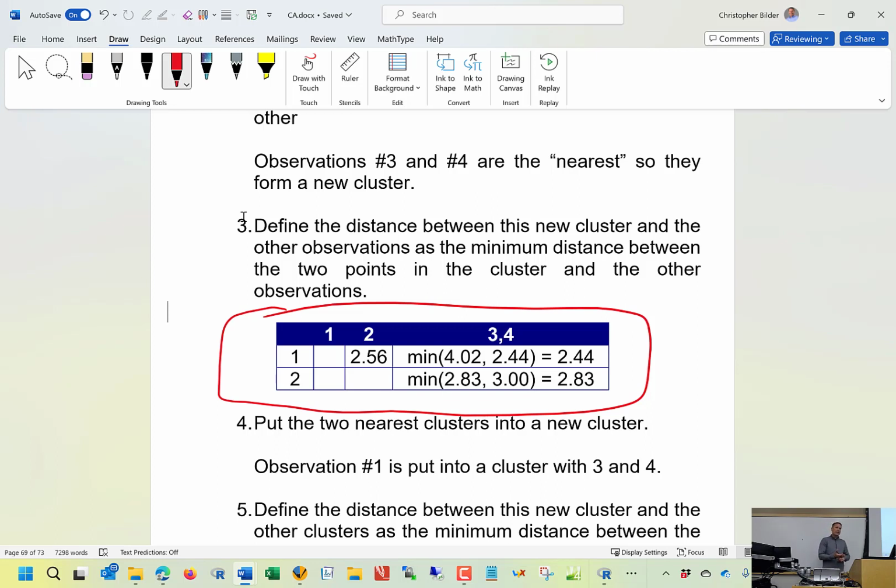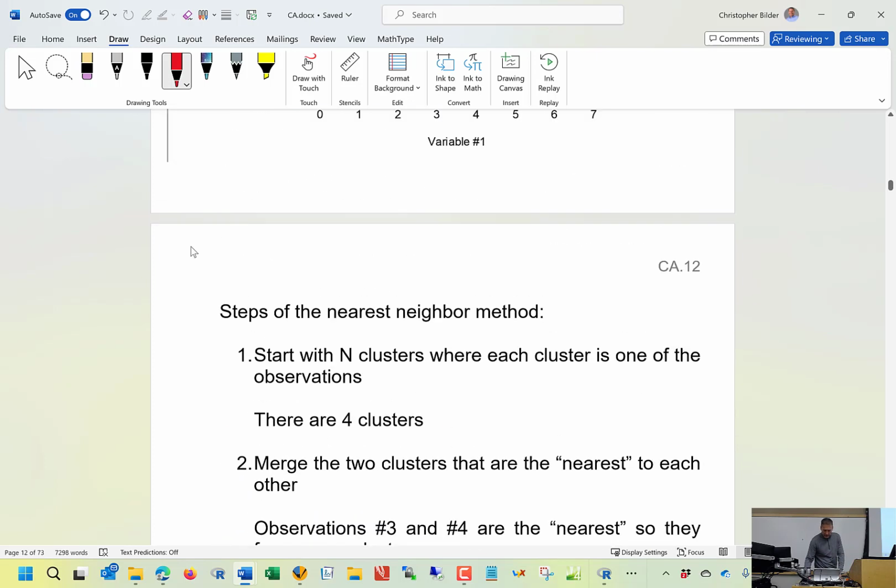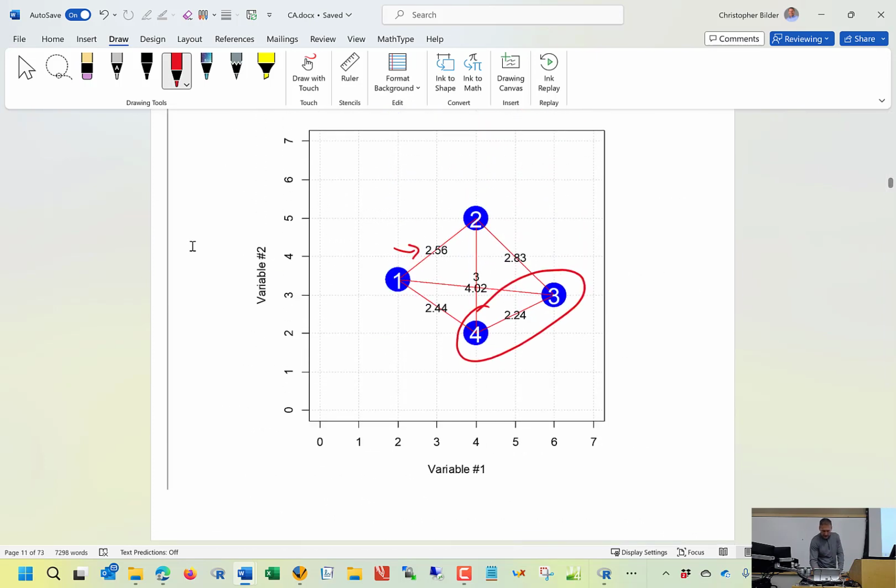What the nearest neighbor method says is look at all the distances and find the minimum distance. The distance between 1 and 3 is 4.02. The distance between 1 and 4 is 2.44.